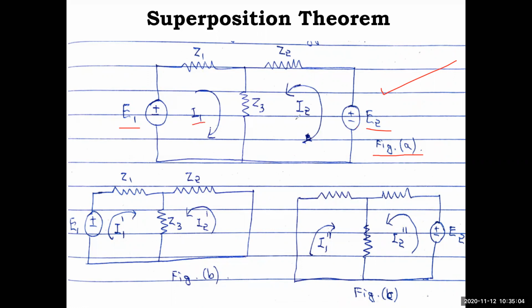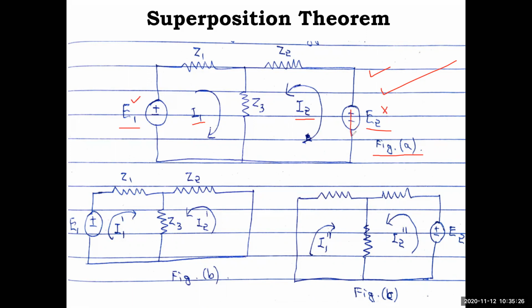Now, as you have learned mesh analysis, I will apply mesh analysis to write the equations. Then I will apply the superposition theorem. What is the superposition theorem? I have to take the sources alone. That means I will take E1 active in the first case and deactivate E2, that means I will make this a short circuit here.